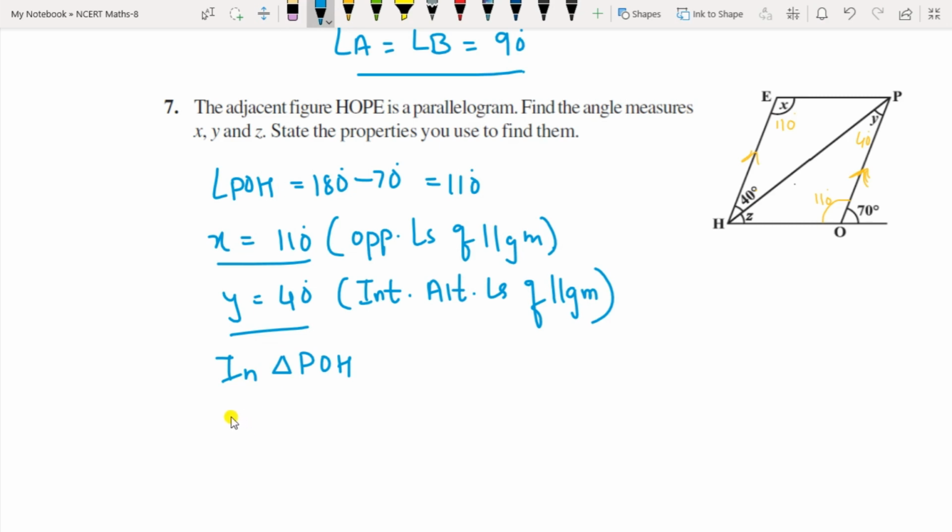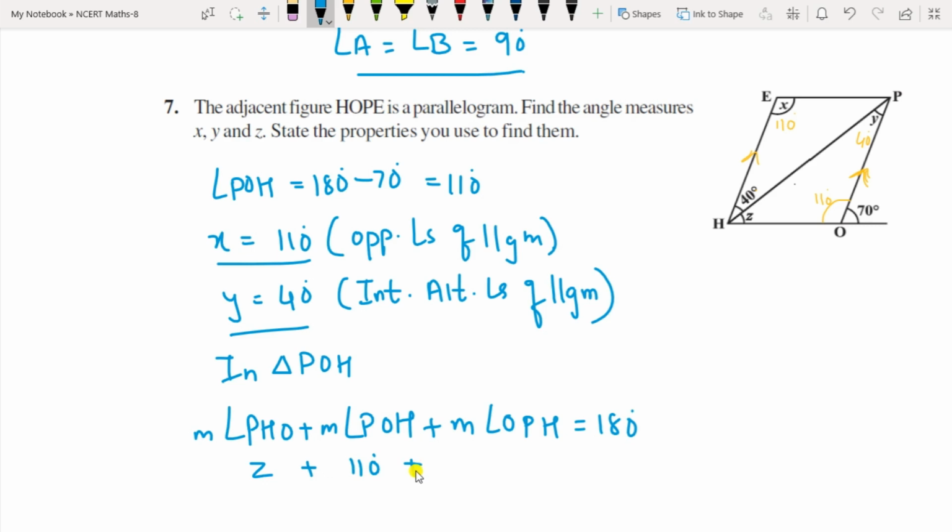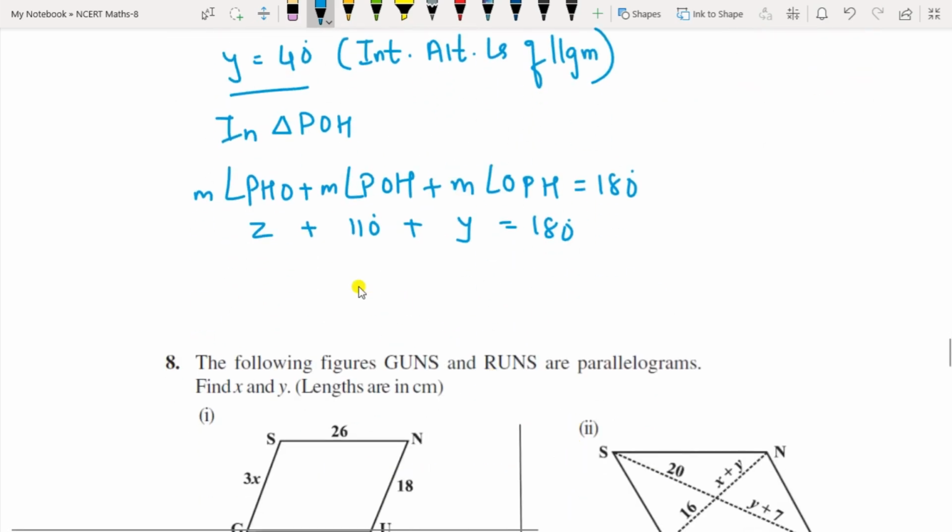So angle PHO plus measurement of angle POH plus measurement of angle OPH will be equal to 180. So PHO is Z here, POH is 110 and OPH is Y here, that is equal to 180. So you need to find Z.